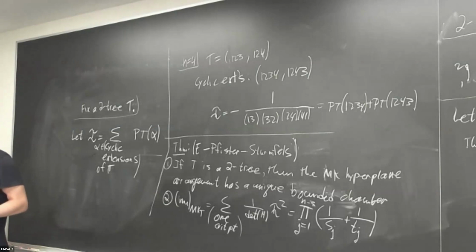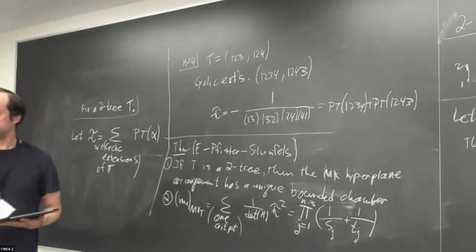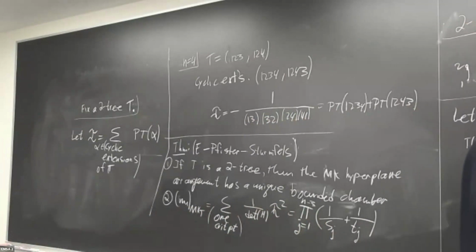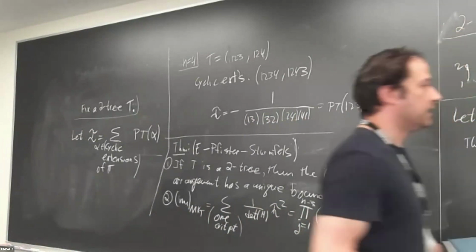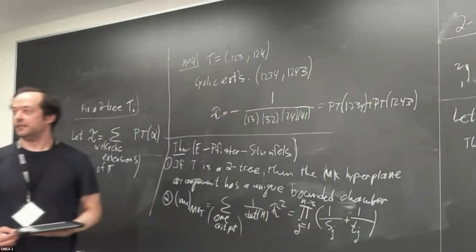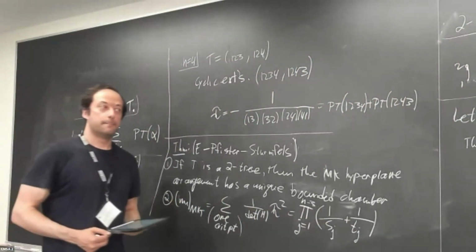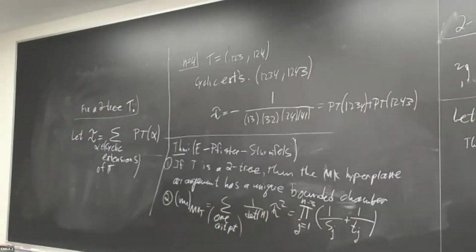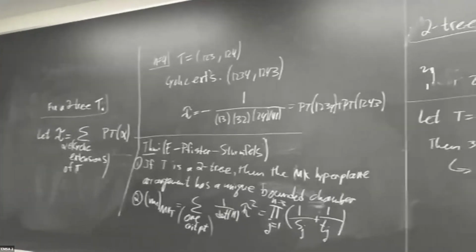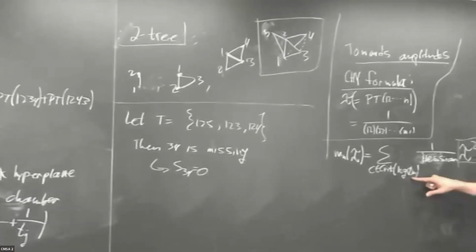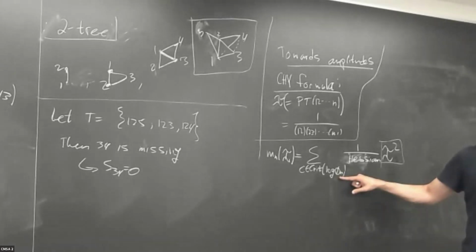It's highly nonlinear, but there's this I squared, which is auxiliary data, which you evaluate on the critical point of the log.